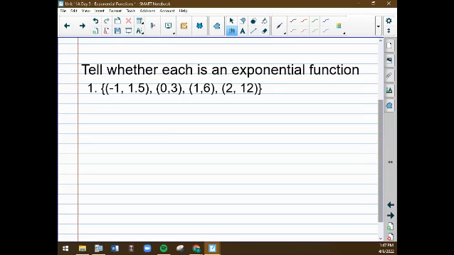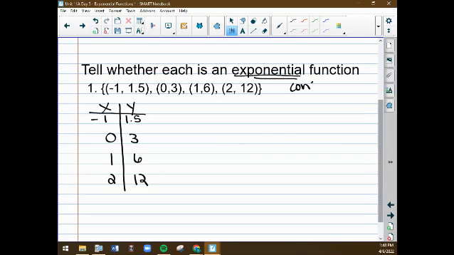So let's take these ordered pairs and put them into a table, because tables kind of help us visualize. The first point is -1, 1.5. The next point is 0, 3. The next point is 1, 6. And then I've got 2, 12. Okay? So in order for it to be exponential, it must have a constant ratio.